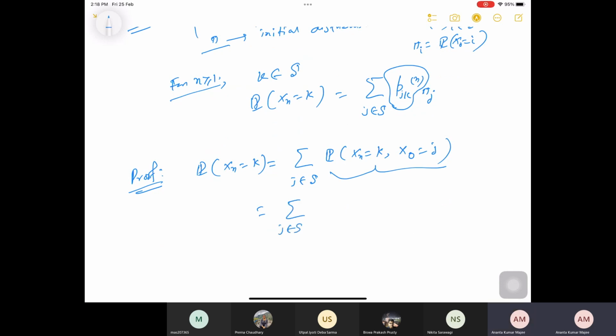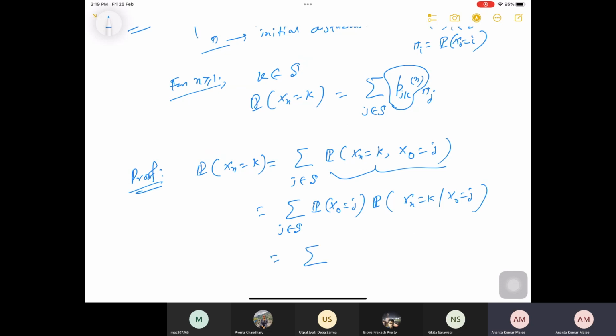This is the summation over j in S of the probability of X0 is equal to j, and then the probability of Xn is equal to k given X0 is equal to j. This is nothing but p_jk, because we are all considering a homogeneous Markov chain.